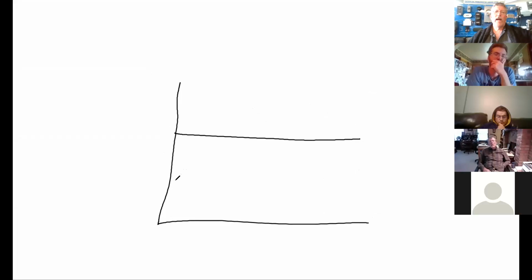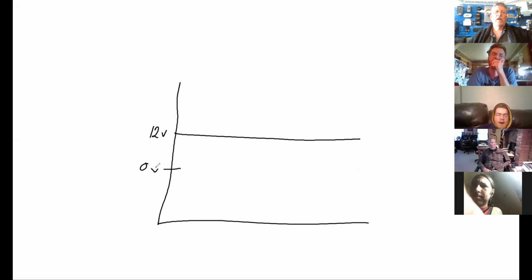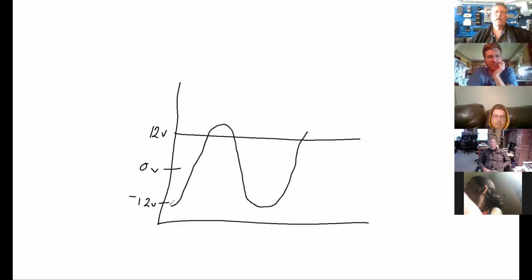Let's say this is 12 volts, this is 0 volts, and this is minus 12. A 12 volt DC current would look like that, but a 12 volt AC current would look something more like this. And of these cycles, we get 60 per second, or 60 hertz.